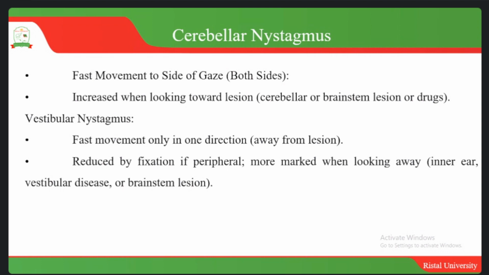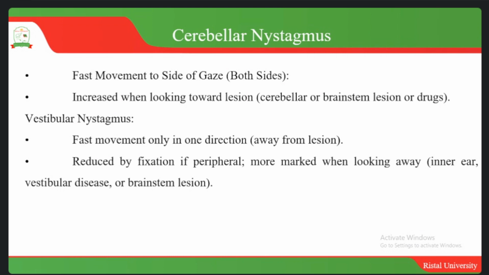It can be due to a brainstem lesion, or it can be due to certain drugs, which can cause this kind of cerebellar nystagmus, where there is increased shaking of the eyes when they are looking towards that side where there is a lesion. So the lesion can be on the right hand side, but when you tell the patient to look at that side, the patient's eyes keep blinking several times, whereby they are not able to concentrate and focus on what you are telling them to look at.